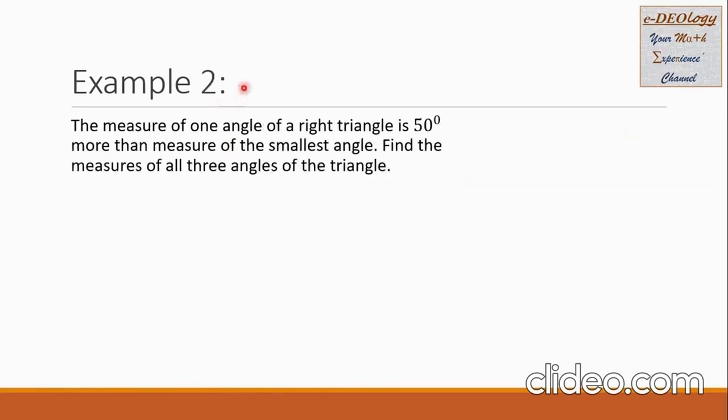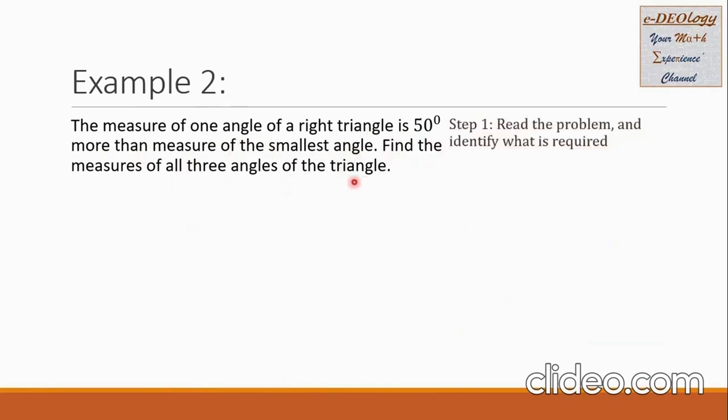Let's have example 2. The measure of one angle of a right triangle is 50 degrees more than the measure of the smallest angle. Find the measures of all 3 angles of the triangle.